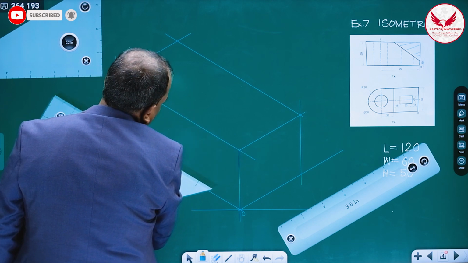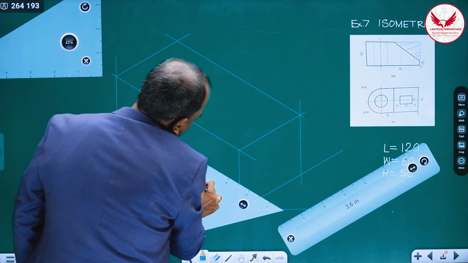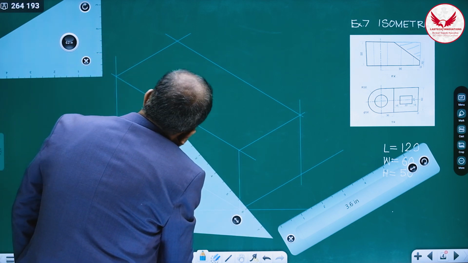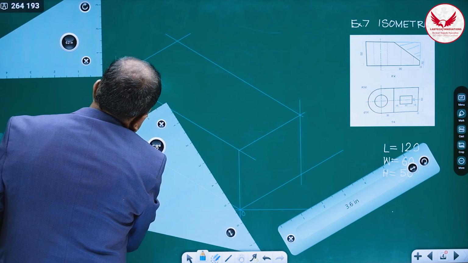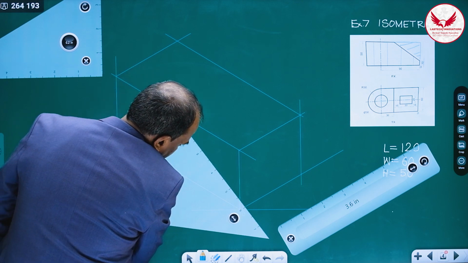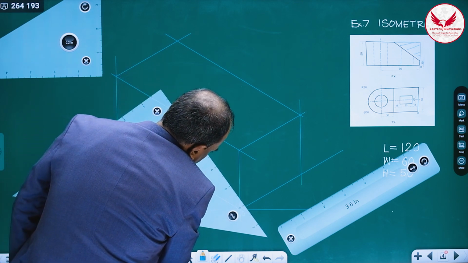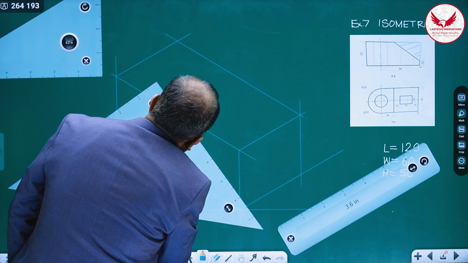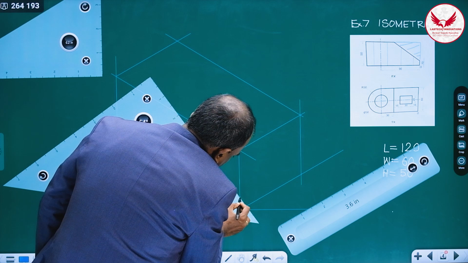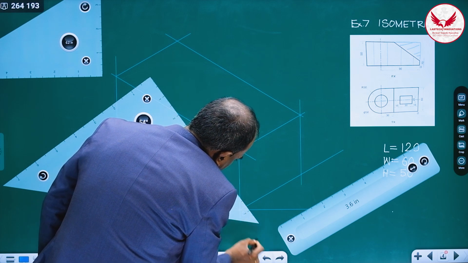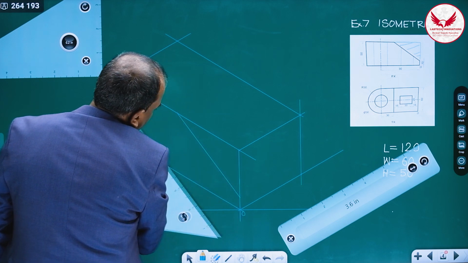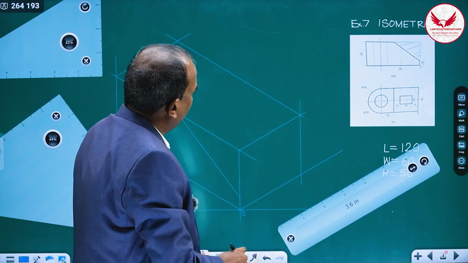So this 60 we have to mark, and we have to cut like this, so here it is 10, and this much portion. Such a triangular cut we have to take completely.